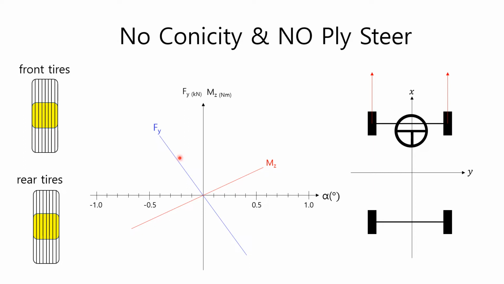When the lateral force line and the moment line pass through the origin of coordinate at the same time, the vehicle goes straight, and the steering wheel does not rotate and maintains the straight state even when the driver does not hold the steering wheel.